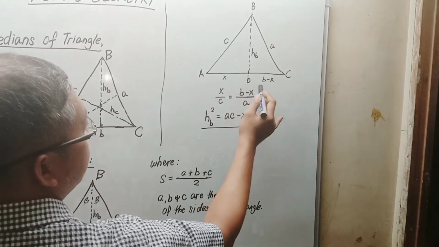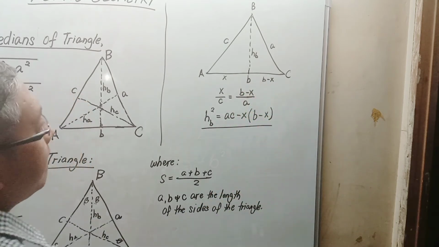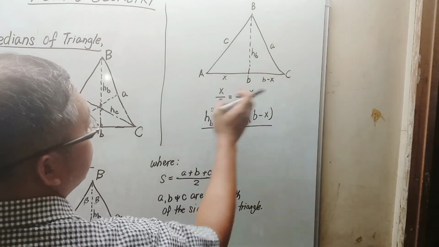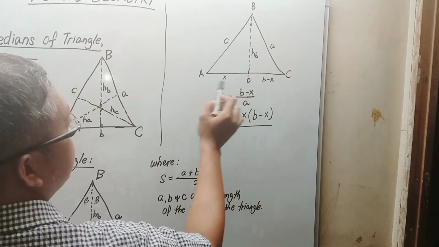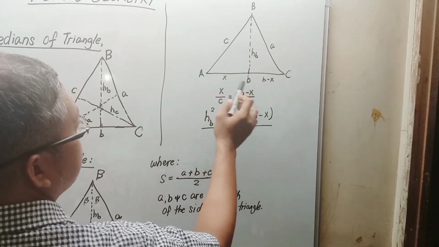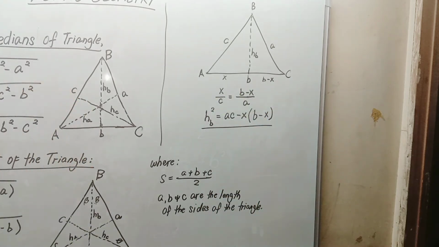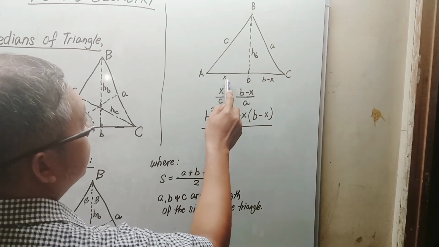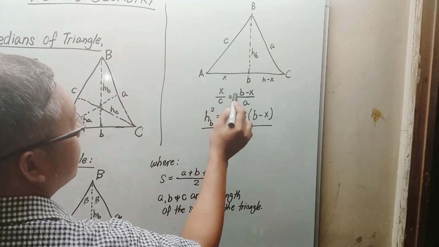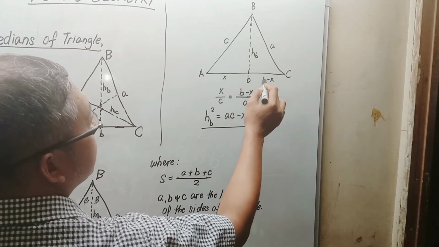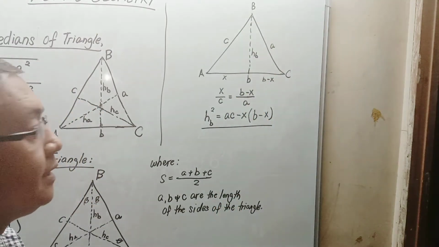From point b to c is b minus x. Now the ratio between these two triangles: x over c is equal to b minus x over a.